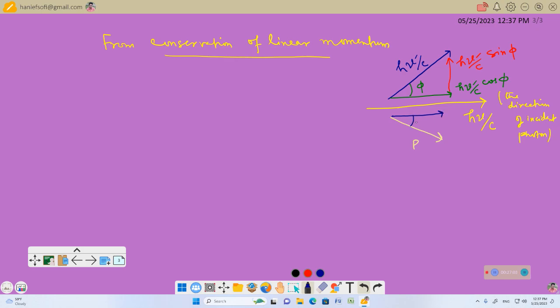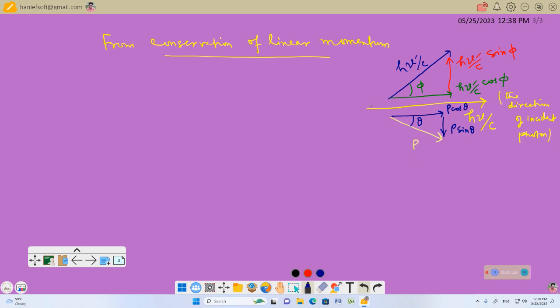So it makes angle theta here. In this direction, its momentum is p cos theta, and in this direction, that is perpendicular to the direction of the incident photon, its momentum is p sin theta. So I hope you got this figure.